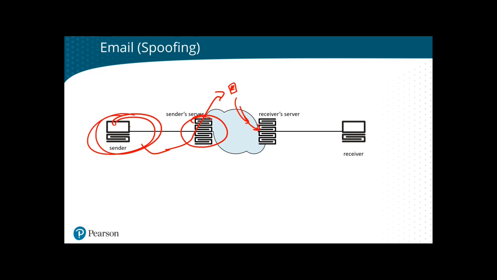So any server can use SMTP to send email to any other mail server. The originating email address does not need to match the local sending server's domain name.